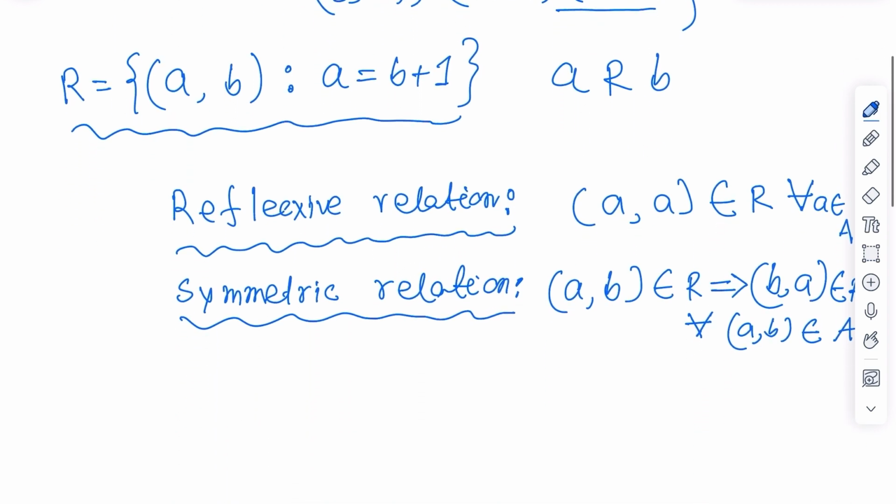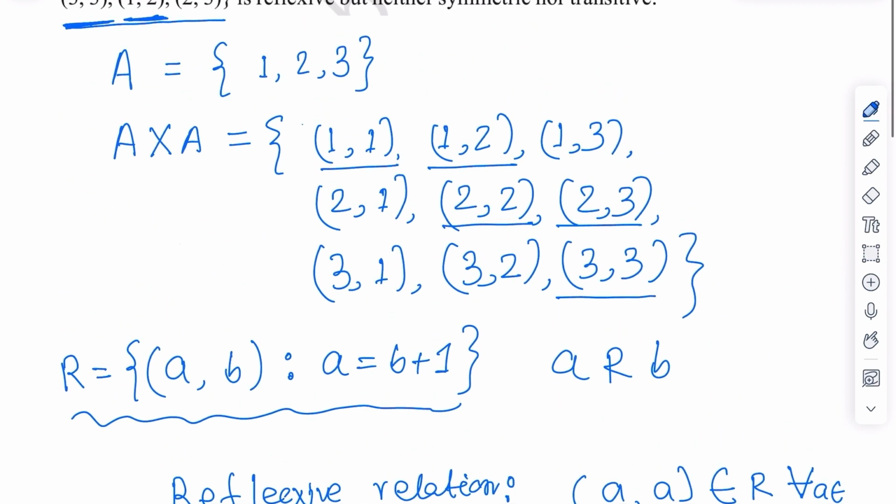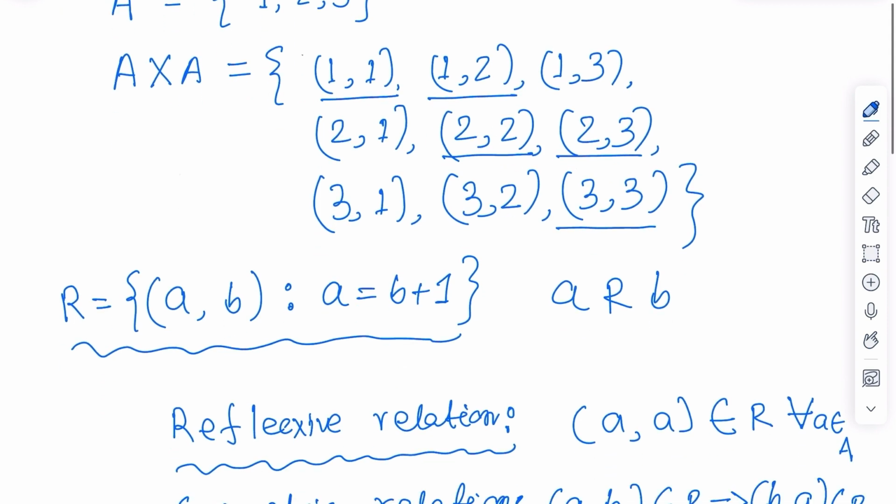Now, one more thing is pending, which is called transitive relation. Okay, so we have to see whether it is a transitive relation.